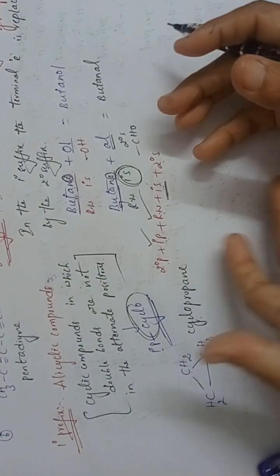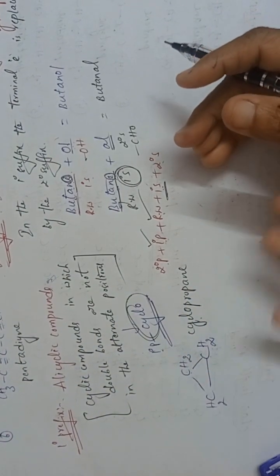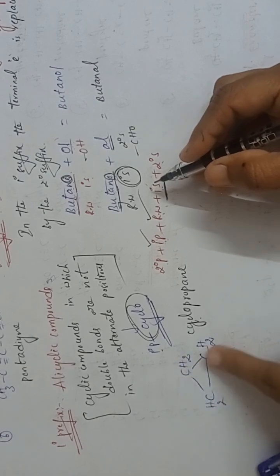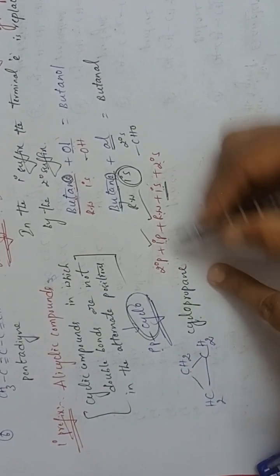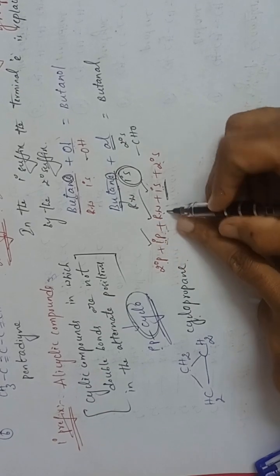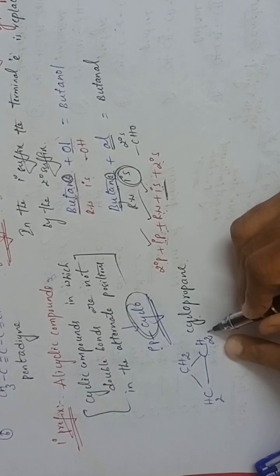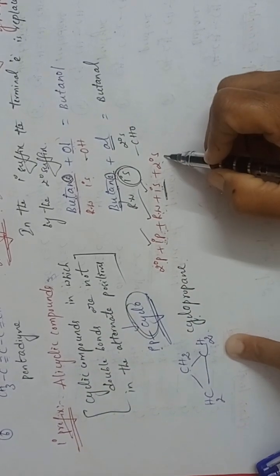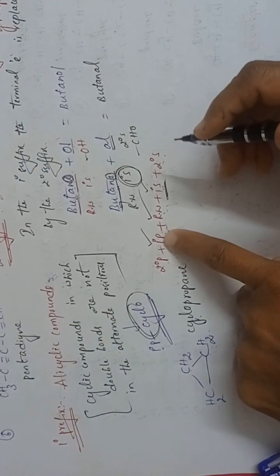Secondary suffix indicates a functional group. Here there is no functional group. So the given compound is cyclopropane. Here we are using only the primary prefix, root word, primary suffix. There is no secondary prefix or secondary suffix. Clear?